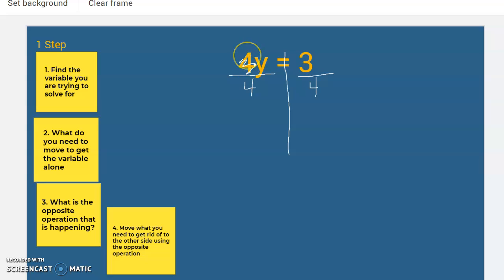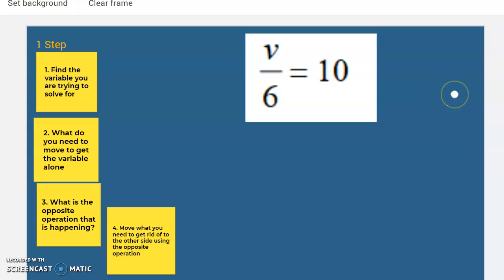So then the 4's are going to cancel out, and I'm just going to be left with y equals, now 3 divided by 4, I'm going to leave that as a fraction. What I can do is I can go to Desmos and type that in and make sure it's simplified, which it is. So we're just going to leave this as y equals 3 over 4. It's okay to have fractions as our answers.